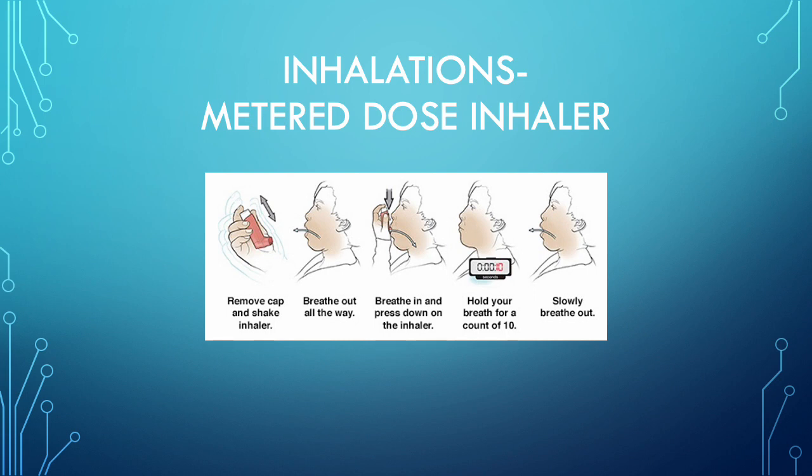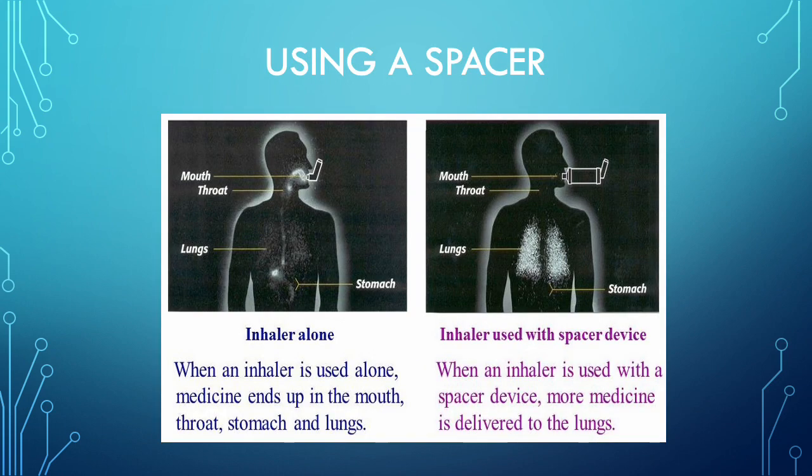One thing that's actually very beneficial when utilizing a metered dose inhaler is a spacer. When using a spacer, this ensures more delivery of the medication to the patient. The spacer is going to be a chamber, as you can see on the picture on the right, that you attach to the metered dose inhaler.